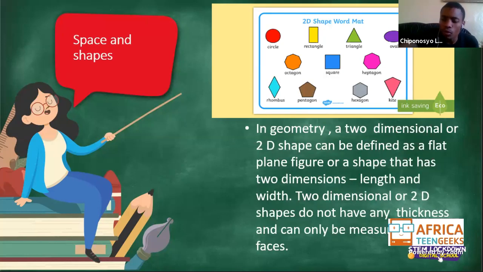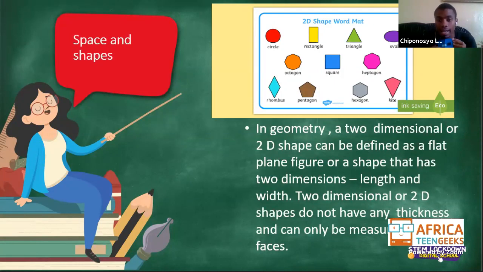Like the last time I told you, let's use this. This is 2D. If we look at this, it's a rectangle. And it being 2D, it only has length and width.